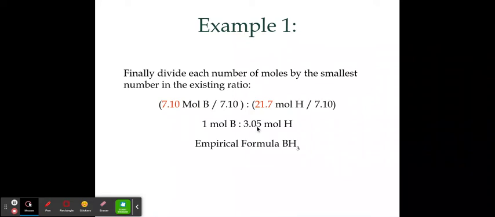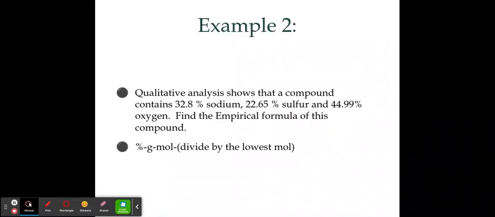This is very close to 3. So we can just say it's 3. Okay, so it's a 1 to 3 ratio. Perfect, we're done. We do not have to go further. Okay, this is like step 3, and we finished step 3 from the first example I showed you. Okay, we do not need to go on step 4 in this example. All right, let's look at another example here.